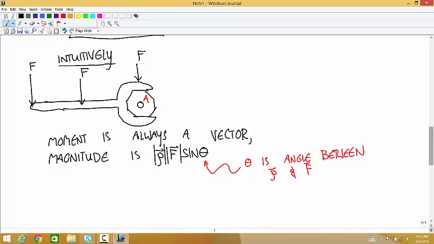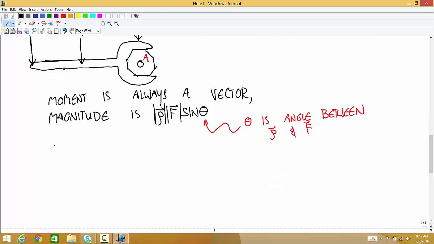And now as for the direction, it is along the axis of produced rotation.